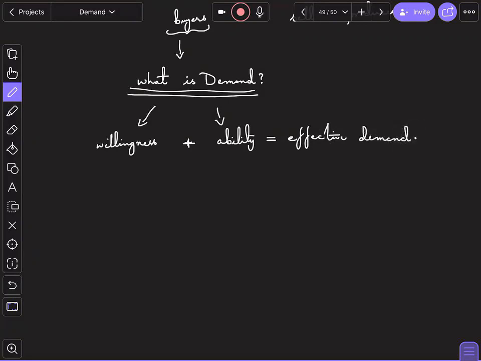So, for any consumer, what is demand? Demand refers to the willingness and ability of the consumer to buy a good at a certain price, holding all other things constant.